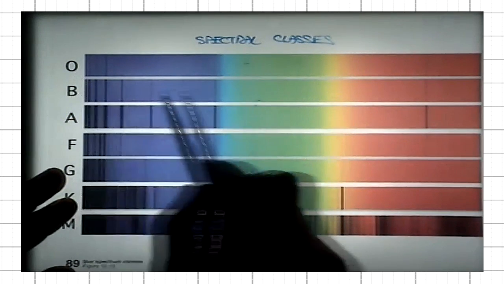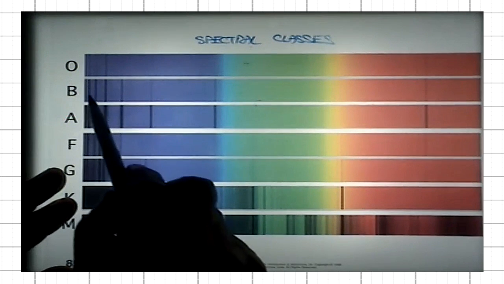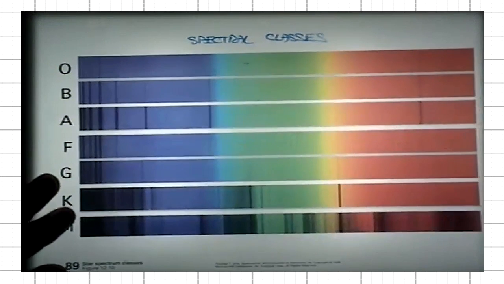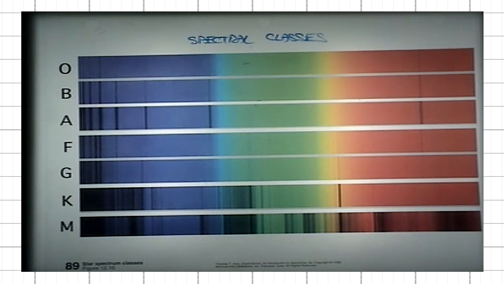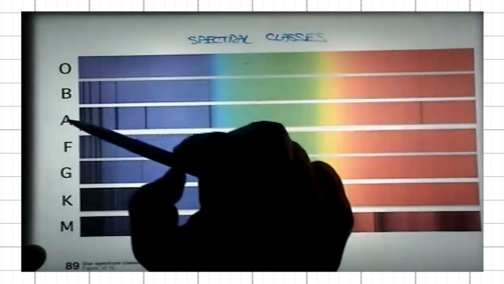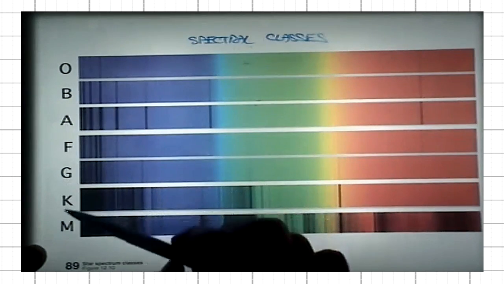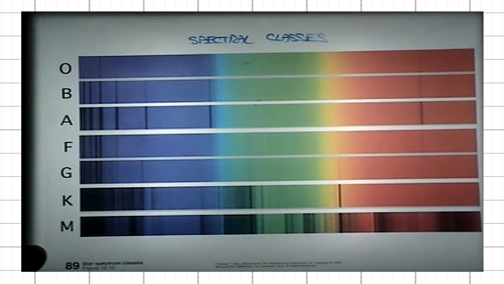Then as you go to spectral class B, there are more absorption lines because the star's atmosphere is at a lower temperature, so there are more absorption processes that can take place. And so on. As you move down to A, F, G, K, M, you have more and more absorption.